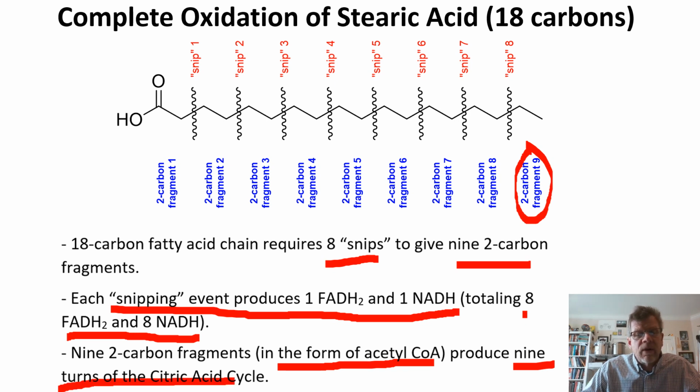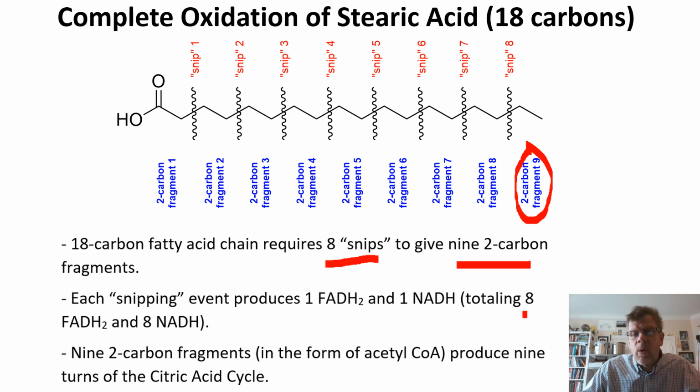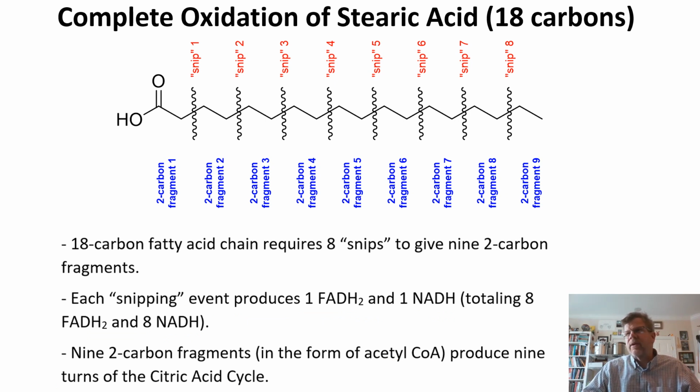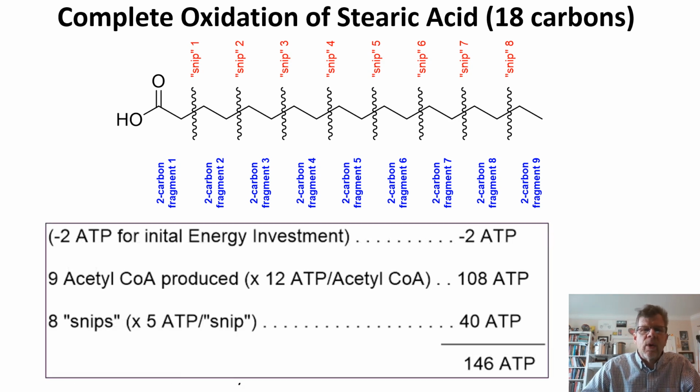I'll clean this up a little bit, and let's see where we end up here. Remember, in the very beginning, we have to spend our own ATP, 2 ATP, to activate this stearic acid and hook it up with coenzyme A. So that initial energy investment is minus 2 ATP to start us off.